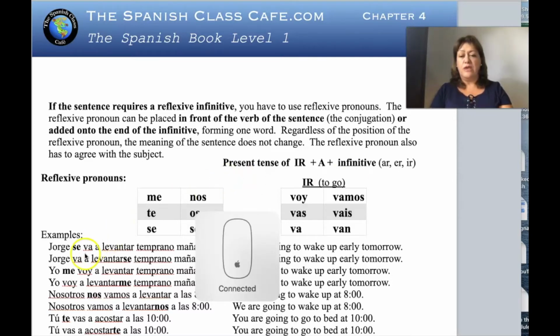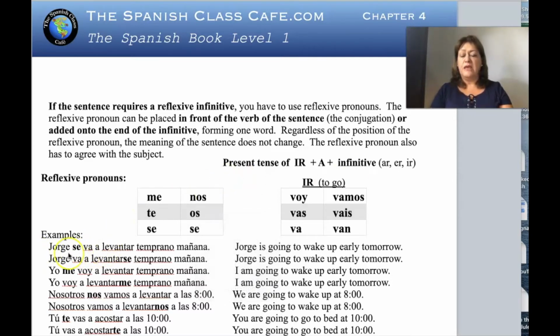Now, if we go here, in the first sentence that I have here, Jorge se va a levantar temprano mañana. Now you can see that the se is in front of the conjugated verb because the conjugated verb is the verb to go. The levantar is an infinitive. Then Jorge se va a levantar temprano mañana.